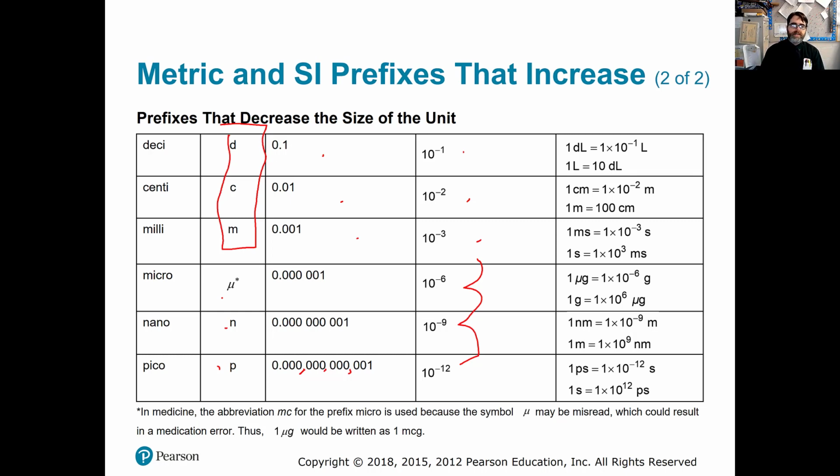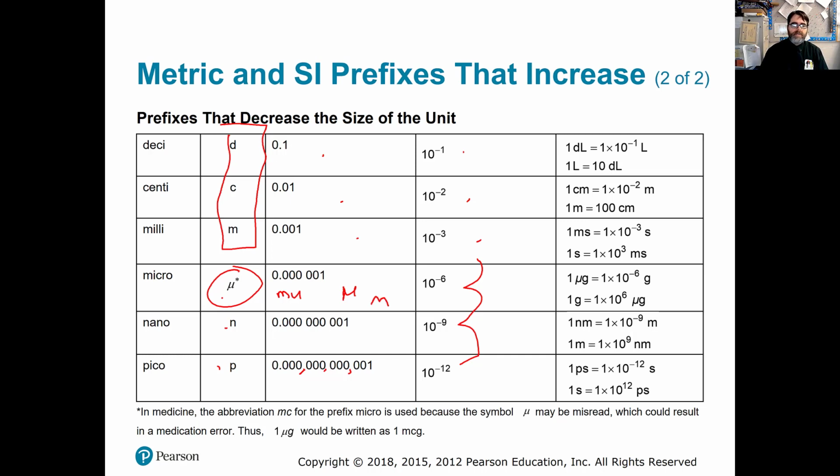It does mention here that micro has 2 different prefixes. This micro here is the Greek letter mu, which was their lowercase m. You'll notice that it looks like a U with 2 tails, but when I draw this one, you'll also notice how that kind of looks like an M as well.